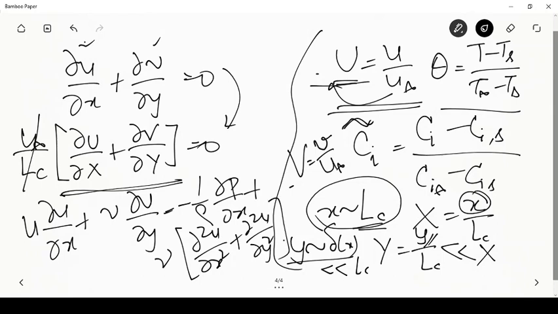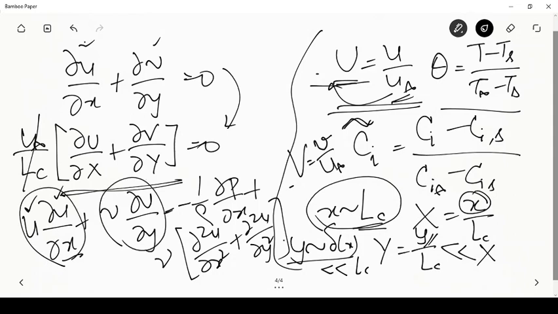In the left hand side, we have one u here, one u here. So if both of them I write it as u infinity multiplied by capital U, I'll get a u infinity square out here. And if this x I write it as capital X multiplied by LC, then I'll get a u infinity squared by LC on the left hand side outside, and all of these quantities will then become non-dimensional.